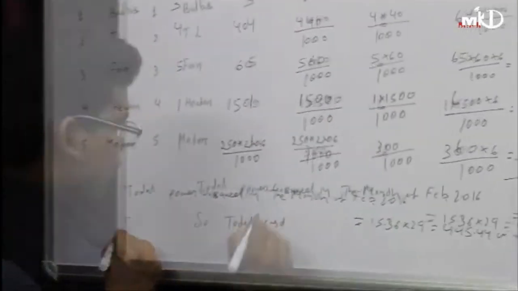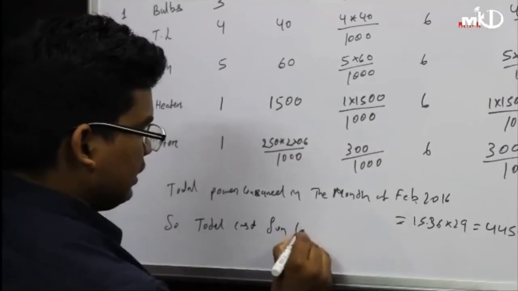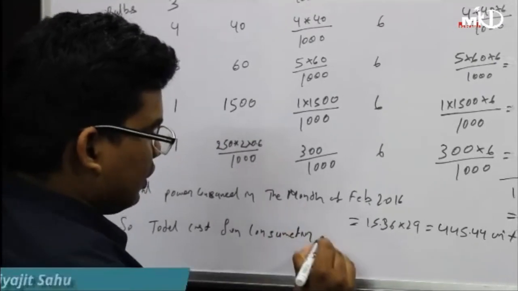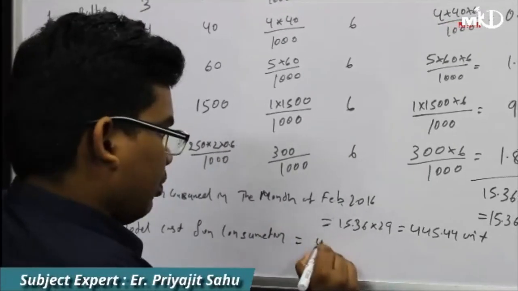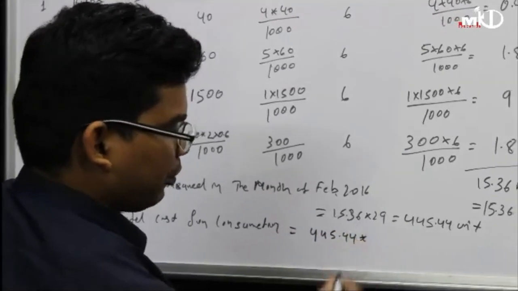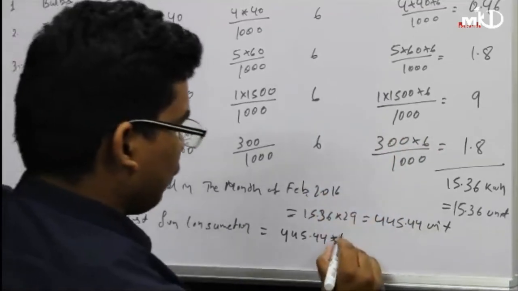So total cost for this consumption equal to, per unit is 4 rupees.